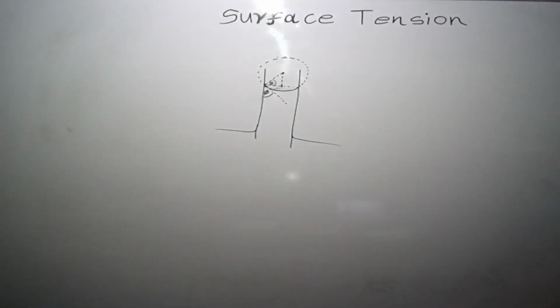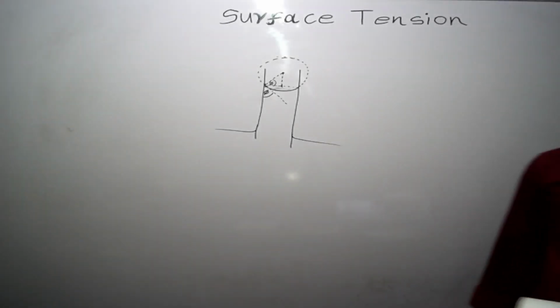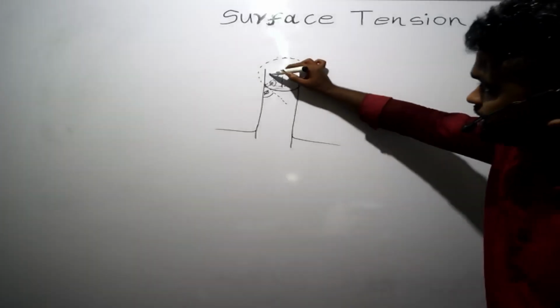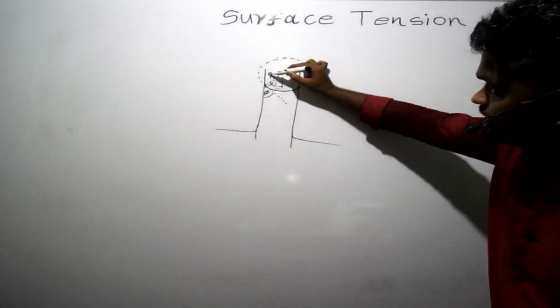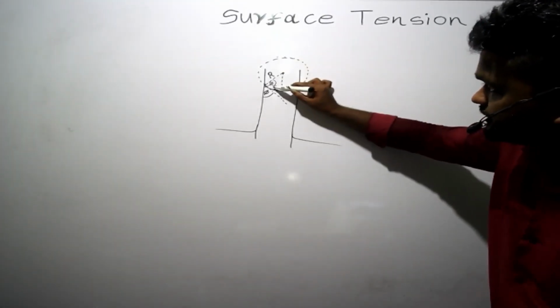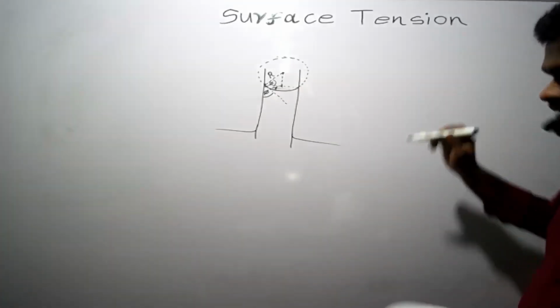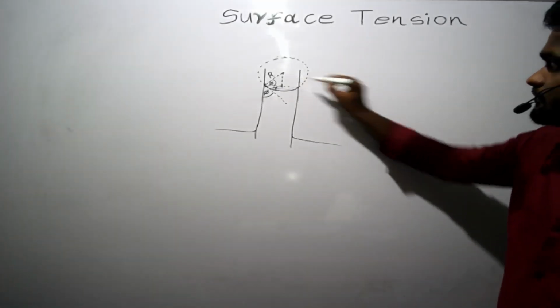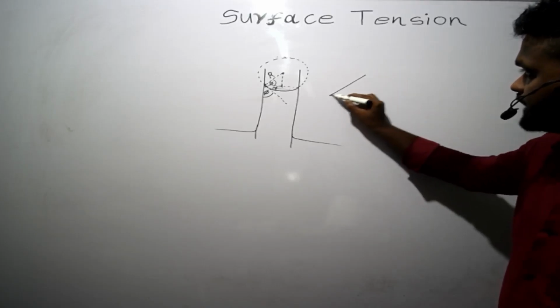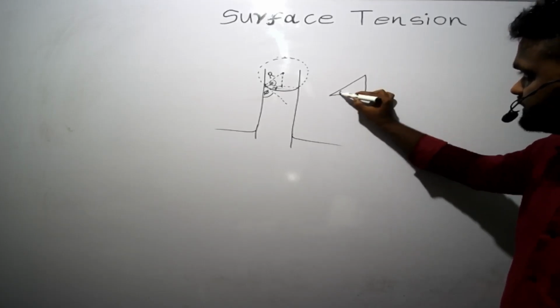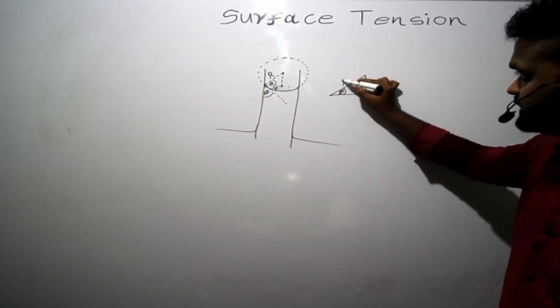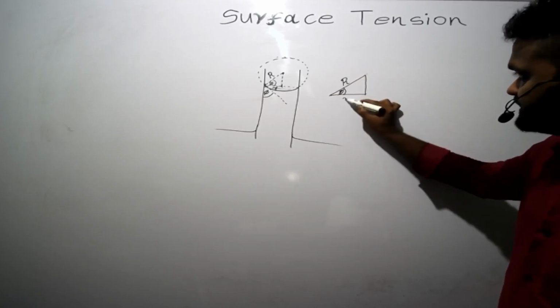First draw that one. Here you have the radius of the meniscus. Here you have the internal radius of the tube. Actually you can draw that triangle separately. This is capital R and this is simple r.